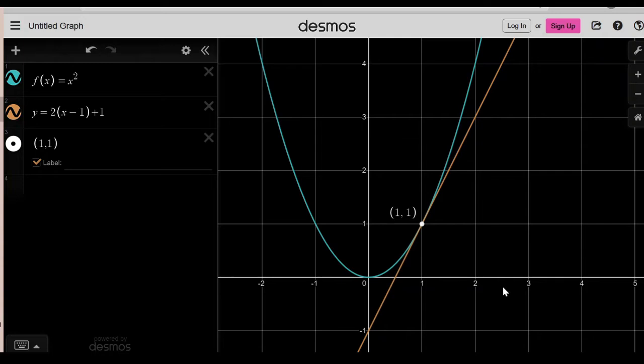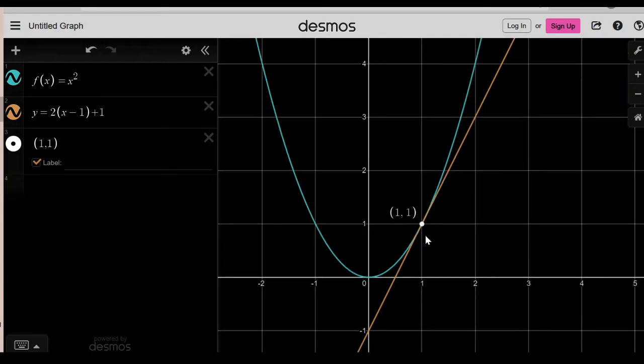The defining features of this tangent line are that, one, the tangent line and the graph both contain this shared point 1, 1. So the tangent line and the curve share this white point in common.